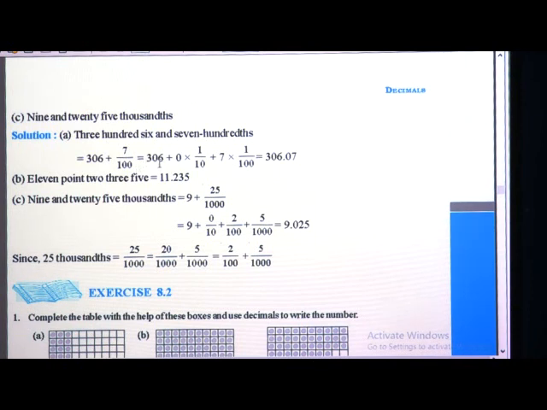In the tenths place we have 0 and in the hundredths place we have 7. So, 7 into 1 by 100. Now, adding all the terms, 306 plus 0.0 plus 0.07, we get 306.07.